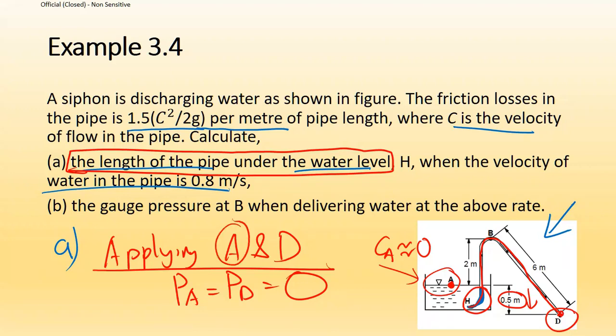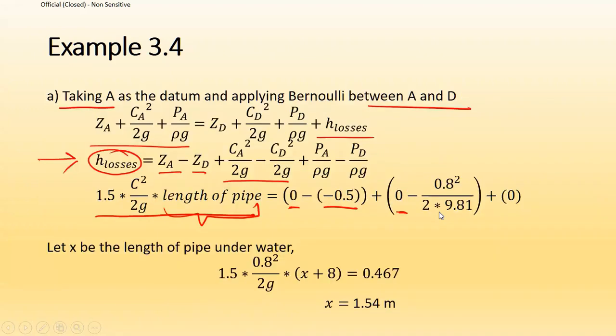If I choose A, straight away I can eliminate two values: PA is 0 and CA is 0. CD is given to be 0.8. And again, PA minus PD itself is 0, as I mentioned.